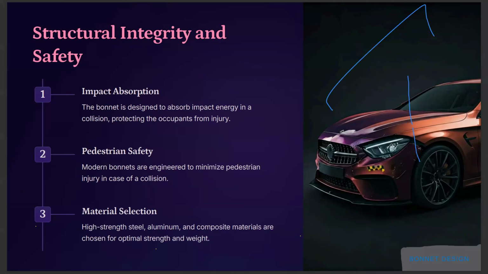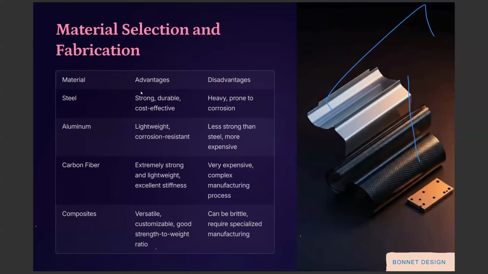So you have to select material according to your vehicle budget or category, and at the same time it has to be some alloy type of metal. All this has to be taken into consideration while designing.